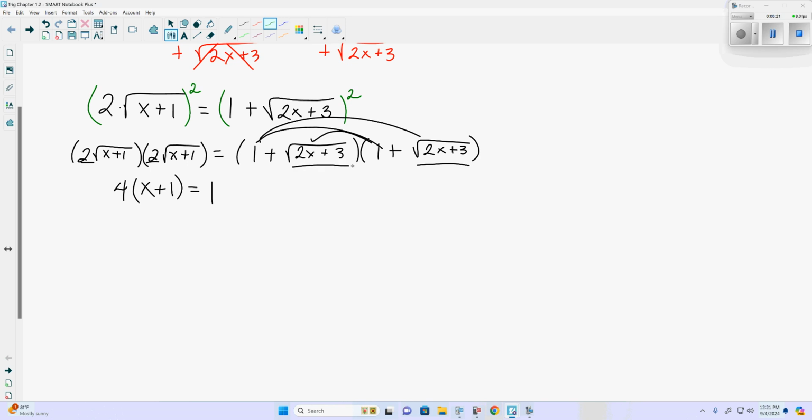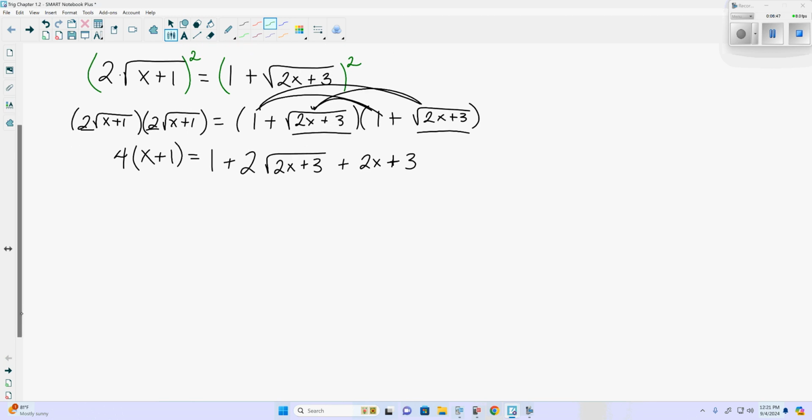The square root times 1 would also give us it, so we actually have 2 square root of 2x plus 3. And our square root of 2x plus 3 times the square root of 2x plus 3 is our square root squared, which just leaves us with 2x plus 3. So I simplified that a few steps down, so we're not having to rewrite the radical out twice, adding them together, or having our radicals squared.